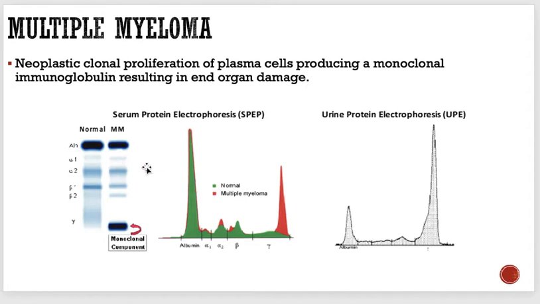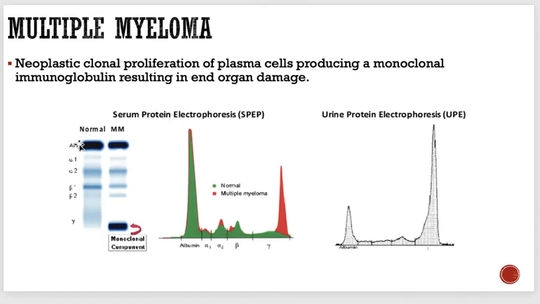So I'm telling you in a very, very simple way. They take a special kind of paper, for example this paper, they put the blood here and then they pass a current, right? That's what is called electrophoresis.